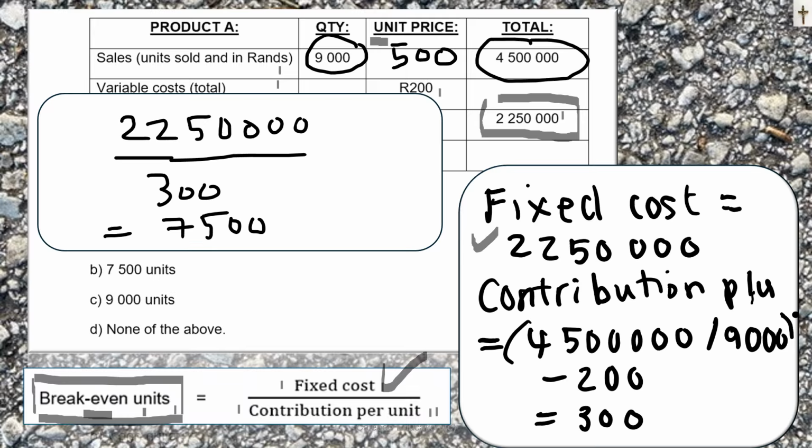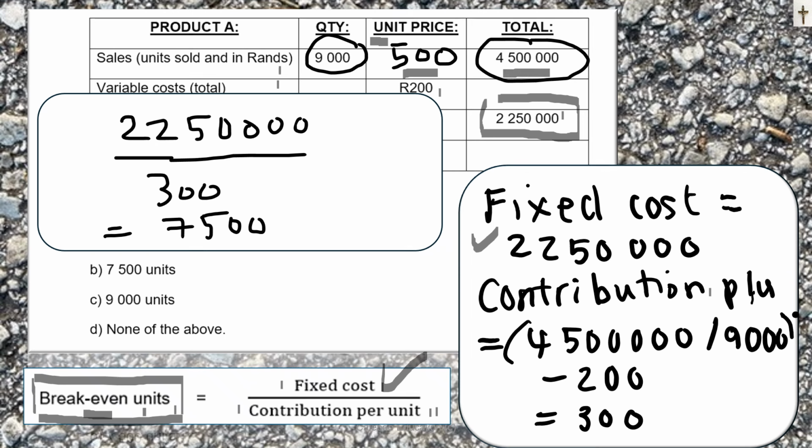Now we want the contribution per unit. So we've got the fixed cost 2,250,000. The contribution per unit is equal to the sales price per unit. Now how did I get the sales price per unit of 500?